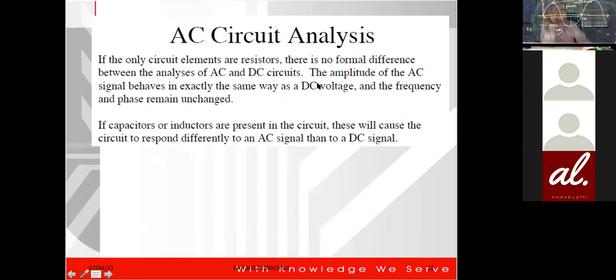Tapi when there is another element inside the circuit, which we're going to discuss after this, the amplitude of the AC signal behaves exactly the same way as DC voltage, and the frequency and phase remain unchanged. However, if there are other components inside the circuit like capacitors or inductors, there is a special theory that we need to apply in response to the signal, because the circuit now responds differently when you have capacitor and inductor.